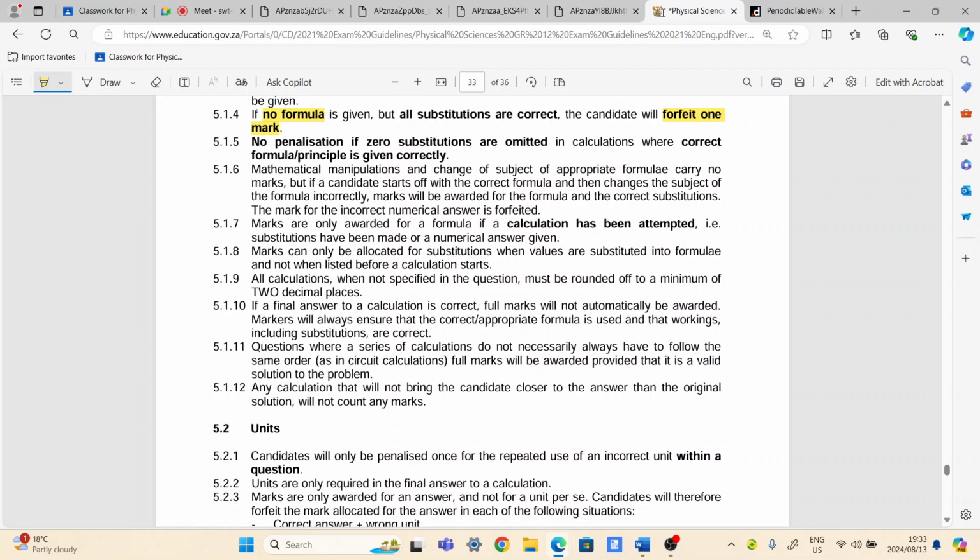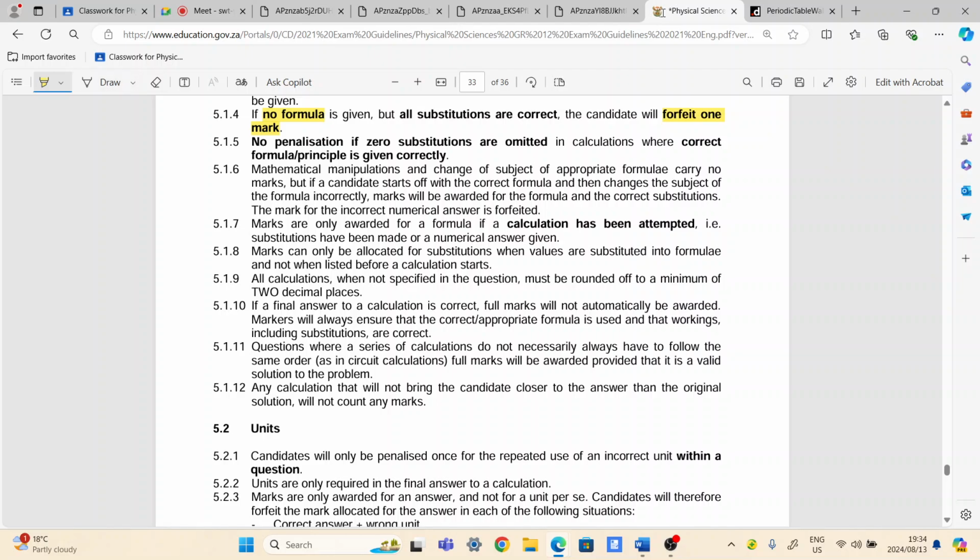So again, like I said, if you have the correct formula but you substitute incorrectly, or you substitute correctly but you manipulate the equation incorrectly, like you change things around to try and get the final answer, you will still get the mark for the formula and the substitutions. So if the mark is out of 4, you can still get 3, right?